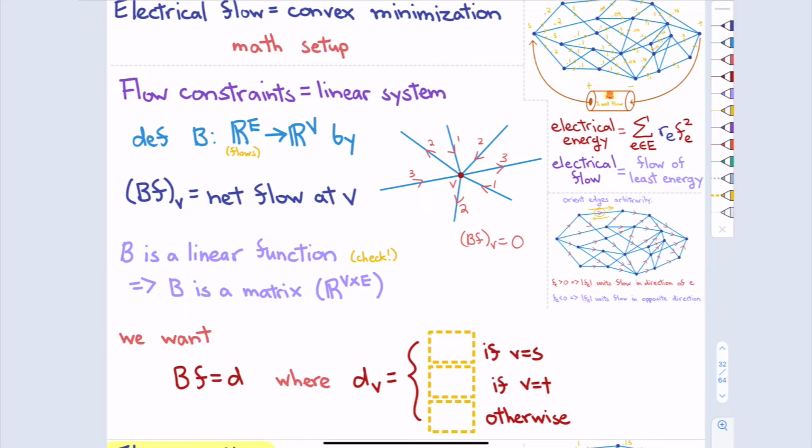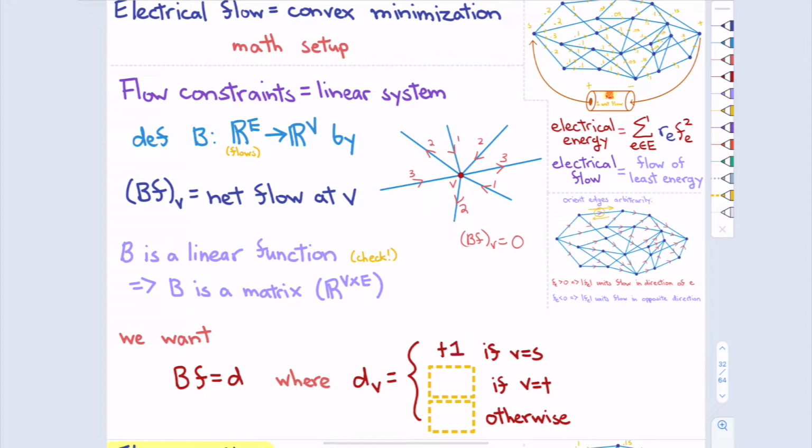All right, and so I kind of want to take my flow constraints. Originally I'm saying I want an ST unit flow. I want to send one unit of flow from S to T. And all I'm trying to say is, hey, that's a linear system. In particular, it's solving Bf equal to D, where D is defined by, all right, what would D sub v be if v is equal to S? 1, right?